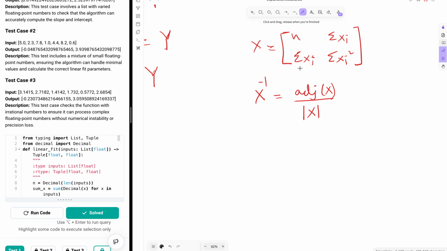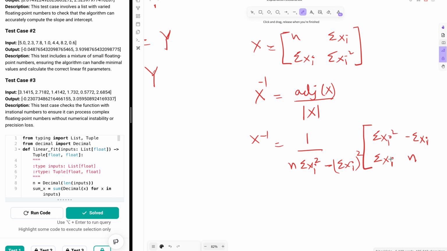So x inverse would be 1 upon n times summation of xi square minus summation of xi whole square. That would be the determinant, and the adjoint would be summation of xi square, minus summation of xi, and here it would be n.